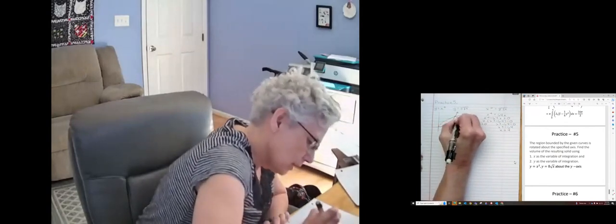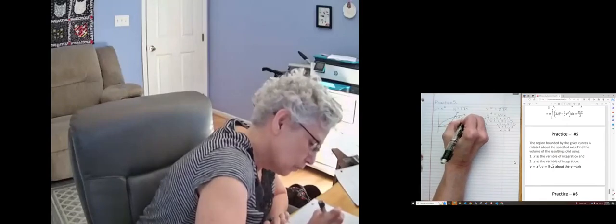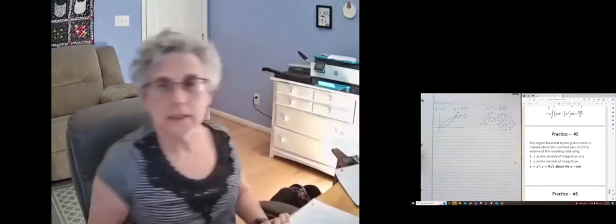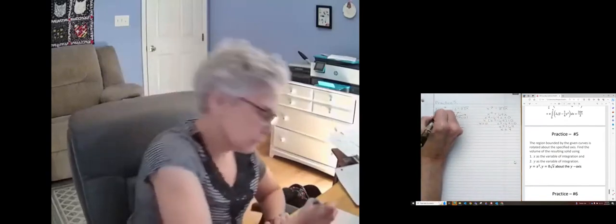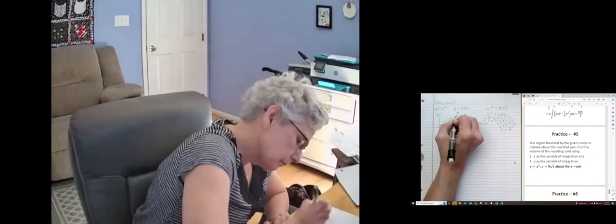So x is 0, or x cubed minus 64 is 0, which means x cubed is equal to 64, which means that x is equal to 4. So this is the point 4, 16. And we're revolving around the y-axis.